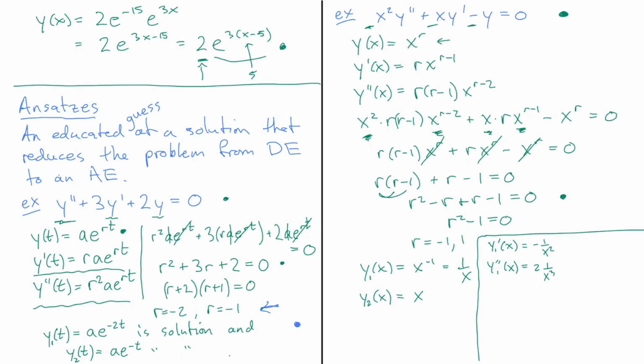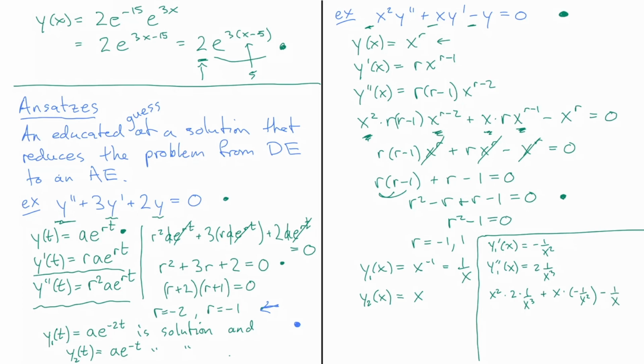And now if I plug those into the differential equation, I get x squared times 2 times 1 over x cubed, plus x times y prime, which is minus 1 over x squared, and then I get minus 1 over x.